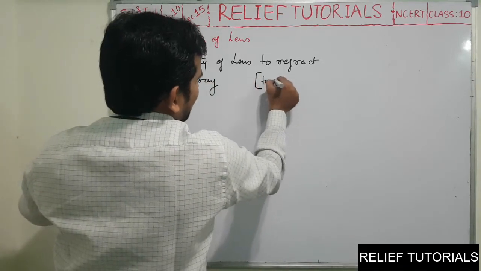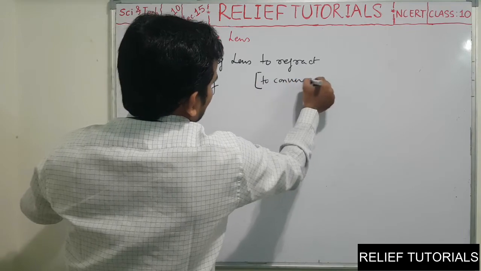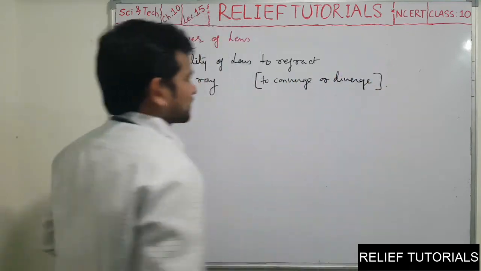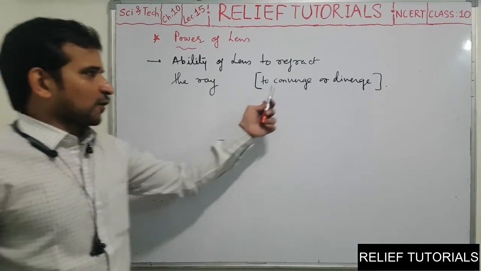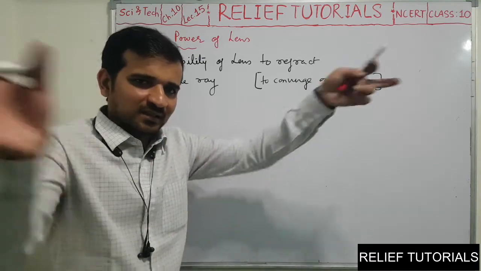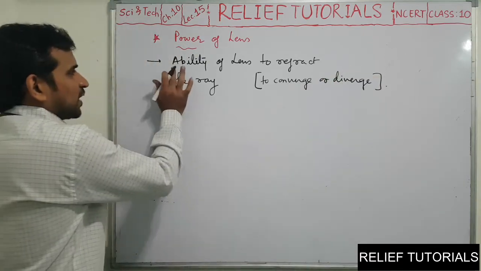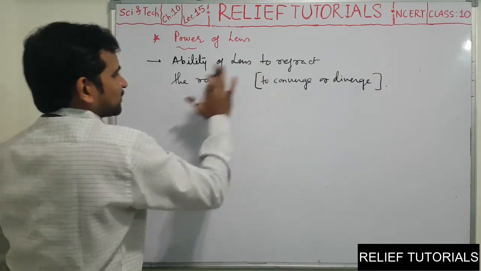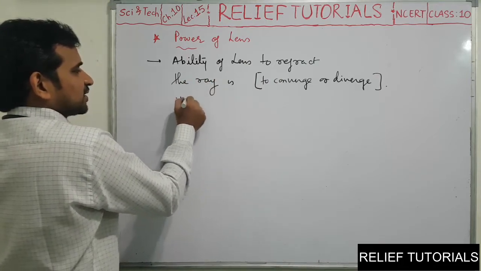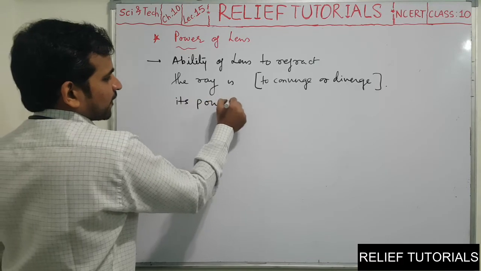Refract means to converge or diverge, because convex lens converges the rays and concave lens diverges the rays. So the ability of lens to refract the ray is called its power.